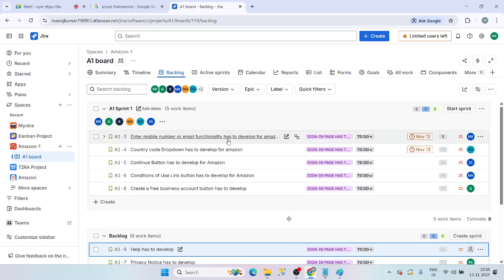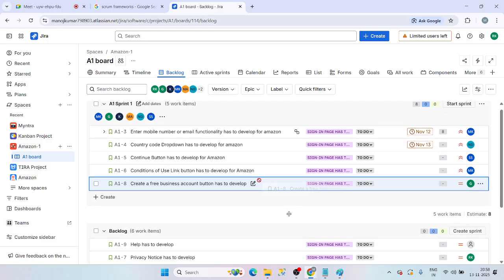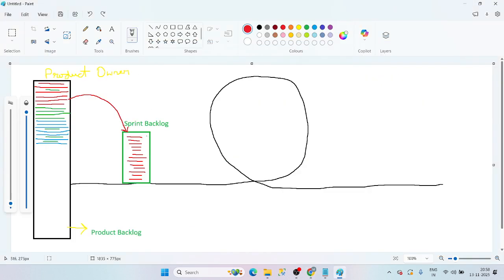Just consider he brought 100 tickets, but we can't complete 100 tickets. We can complete only these 5 tickets in the current sprint. The remaining 95 tickets we will move back to the backlog. This is the sprint backlog. From here to here, we will remove 95 items and keep them here. Okay, Kanchan?